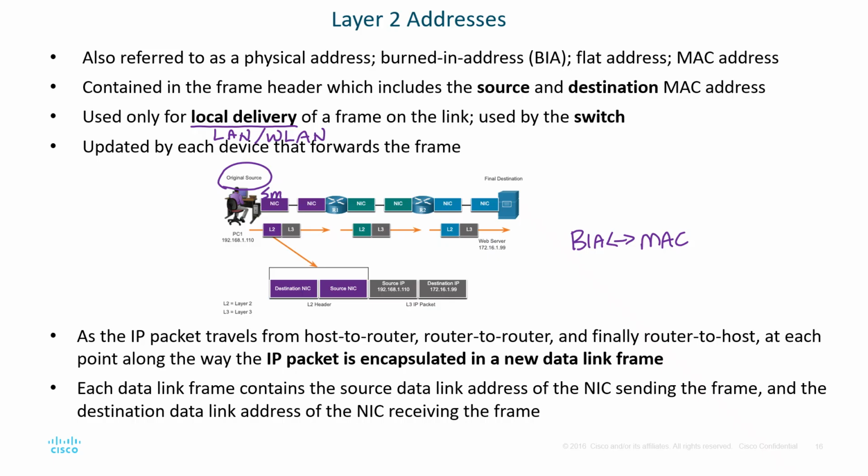So what happens is, when your source does that ANDing process that we're going to talk about in a little while, its purpose is to find out if the end device lives on its own local area network, or if it lives on a remote network. If it lives on its own local area network, then the switch would handle that communication.